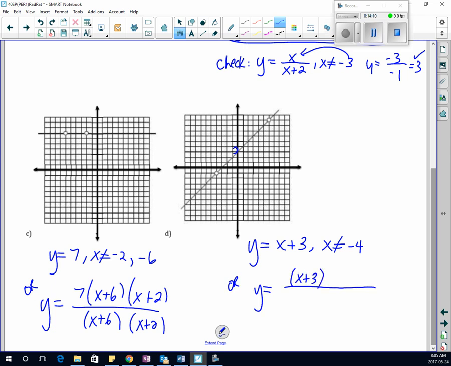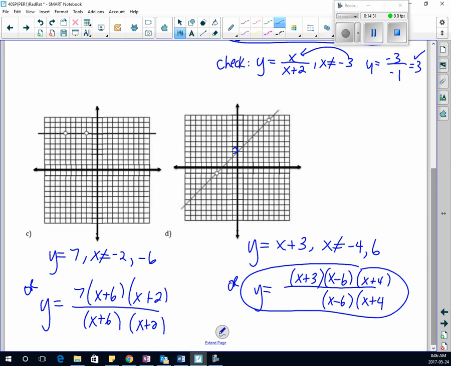And then you need to have, oh, there's another hole there I just missed. It was at 6, right? So that would represent x minus 6 over x minus 6 and x plus 4 over x plus 4. I'm circling that, but it's either answer.